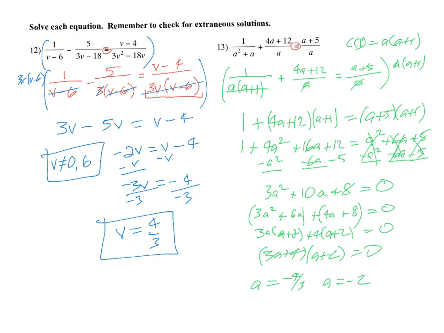Now, do we have any restrictions on our variable from way back with the LCD? Well, a can't be 0, and a can't be negative 1. Is either answer 0 or negative 1? Nope. So we're good.